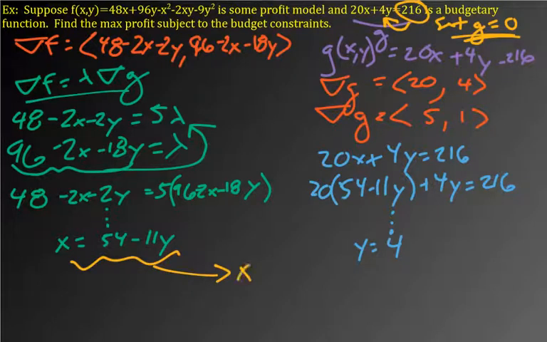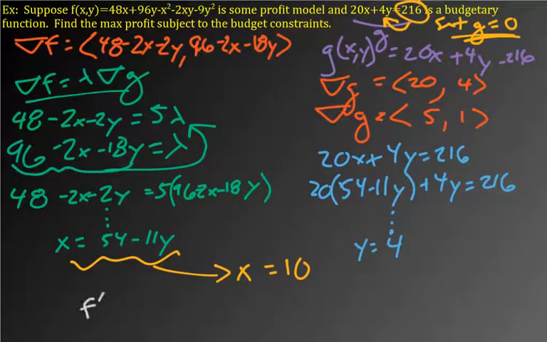And if you plug in y equals 4, you're going to get x equals 10, okay? And so the max profit, we now know, happens at this x and y spot, right? And so now we can just go to my profit function and plug everything in.